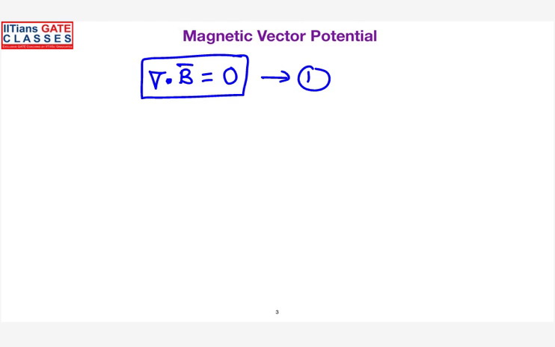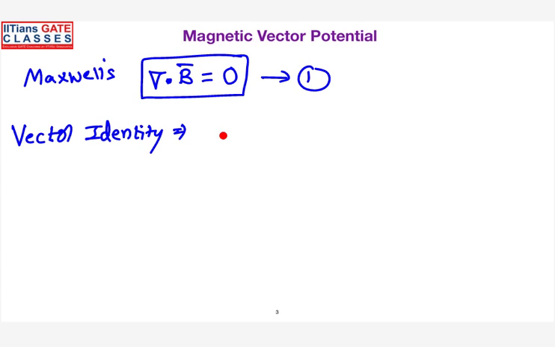So in your Maxwell equations, this is the first statement. And you had one more vector identity, which we discussed at the start: the divergence of the curl of any vector is always equal to 0.